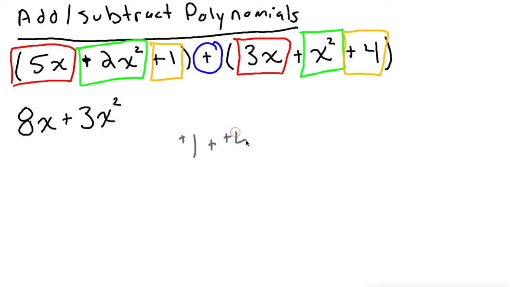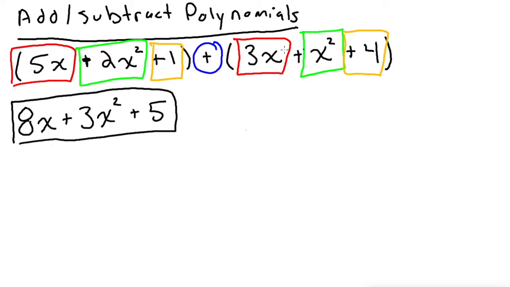That's why it's going to be like that. So positive 1 plus positive 4 is obviously a positive 5. So I would just put plus right here, and this would be a 5. So this right here would be the answer for adding these two polynomials together.